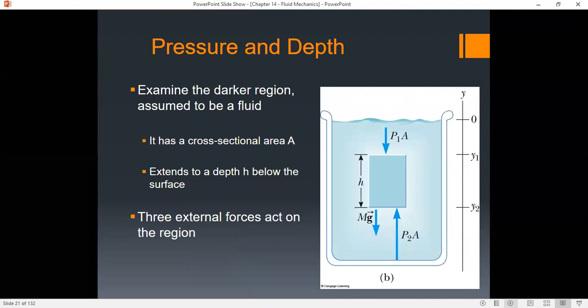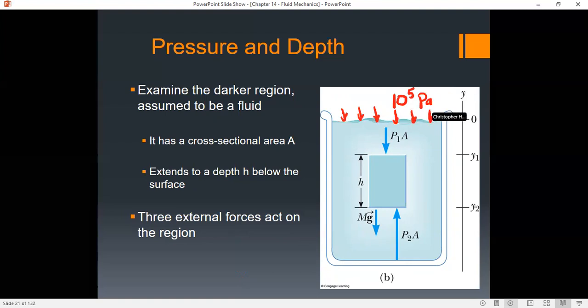And what we notice is that as we go deeper into a fluid, the weight of the fluid actually generates pressure. Just jumping ahead a little bit, the pressure of the atmosphere is around 10 to the 5th pascals. So that atmospheric pressure is pushing down on the top of this fluid.